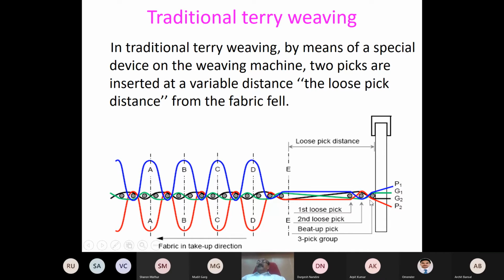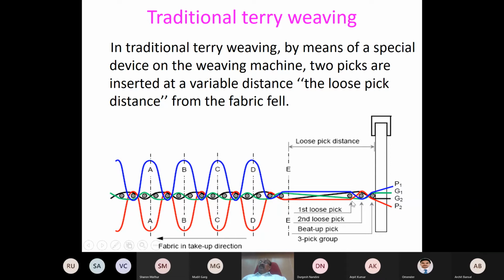When this beat up peak is inserted and beat up takes place, because the blue yarn and red yarn here, which is pile yarn, they are kept at a low tension in a separate beam, and the green and black, which are called ground warp, they are at a very high tension beam.